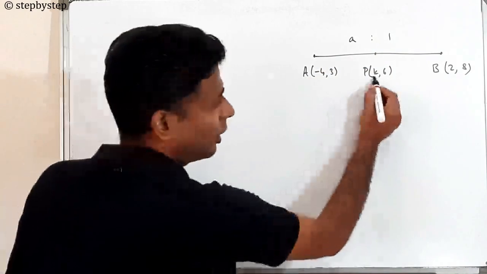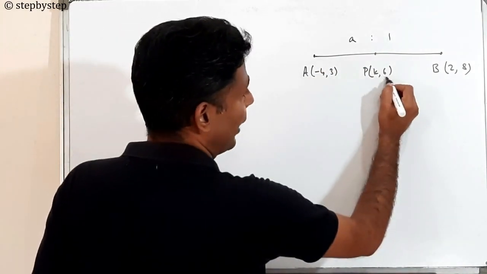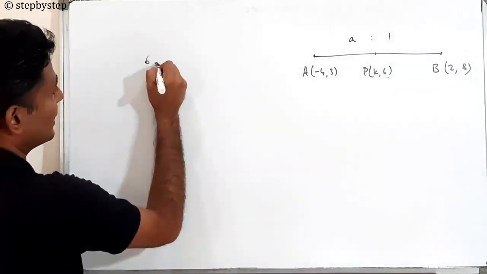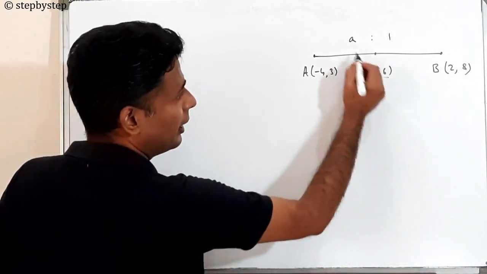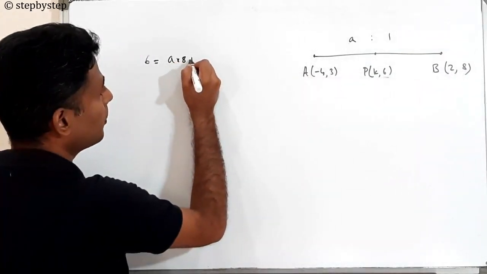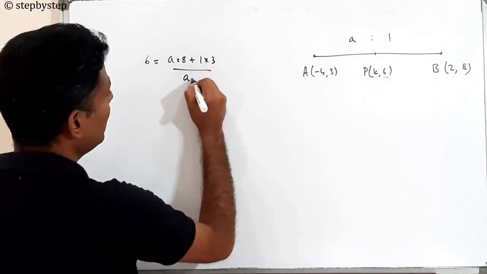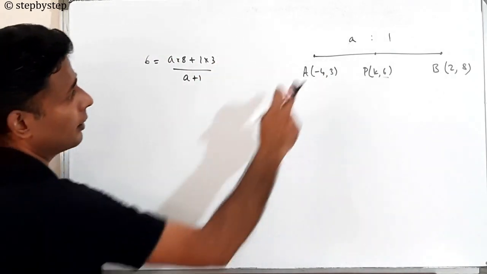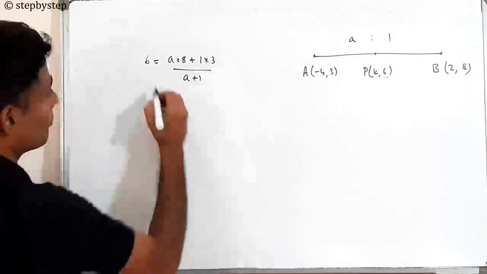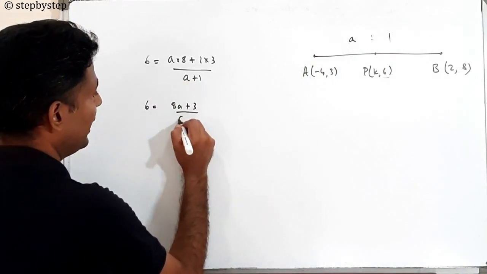Now can we use the x coordinate? No. Why? Because the x coordinate of P is unknown. So we have to use the y coordinate of P, that is 6. What is the y coordinate of P? (m into y2, that is a into 8, plus n into y1, that is 1 into 3) by (m plus n, that is a plus 1). So we get 6 equal to (8a plus 3) by (a plus 1).